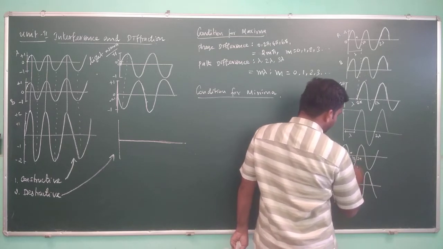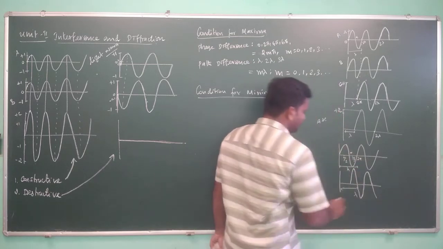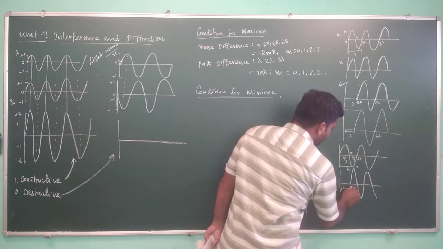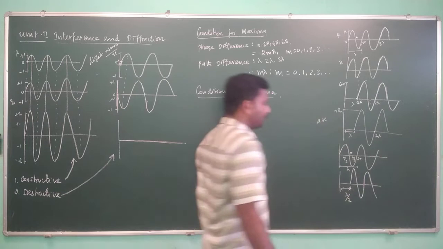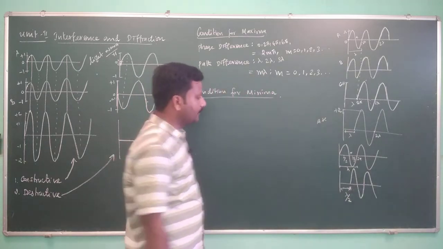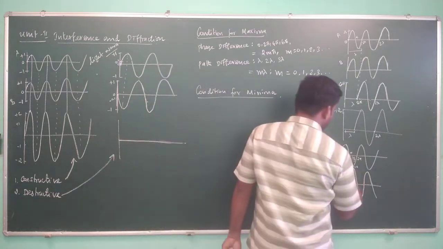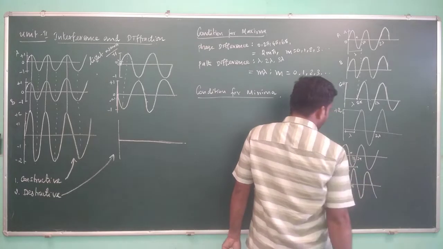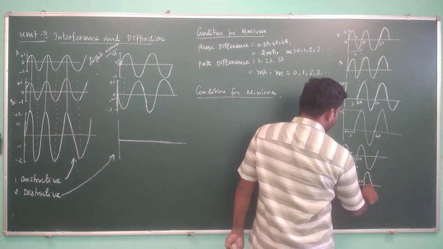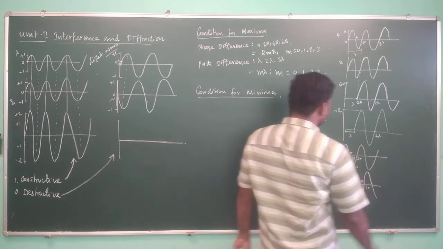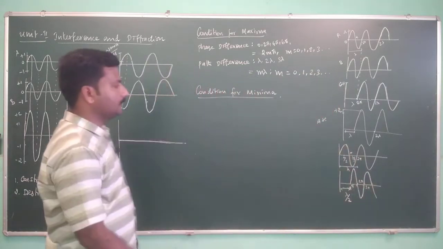This length is lambda for path. So here the second wave starts with a path difference lambda by 2. What about the phase difference? It is starting at the phase pi, and this is 2 pi, this is 3 pi and so on. These are the two interacting waves.